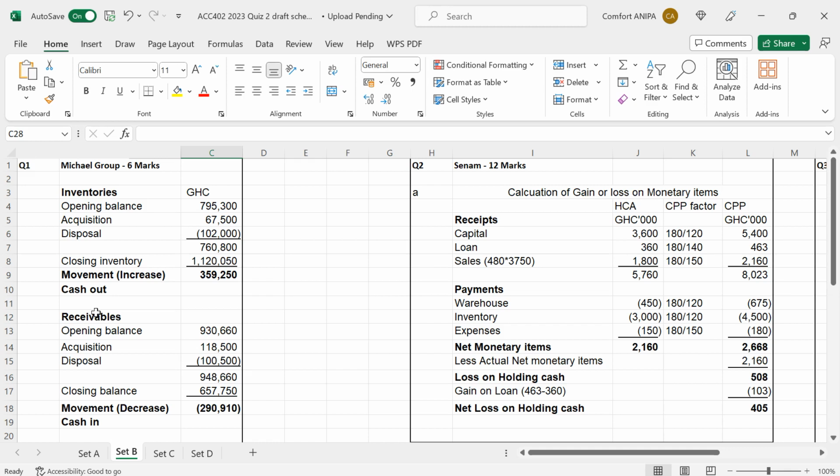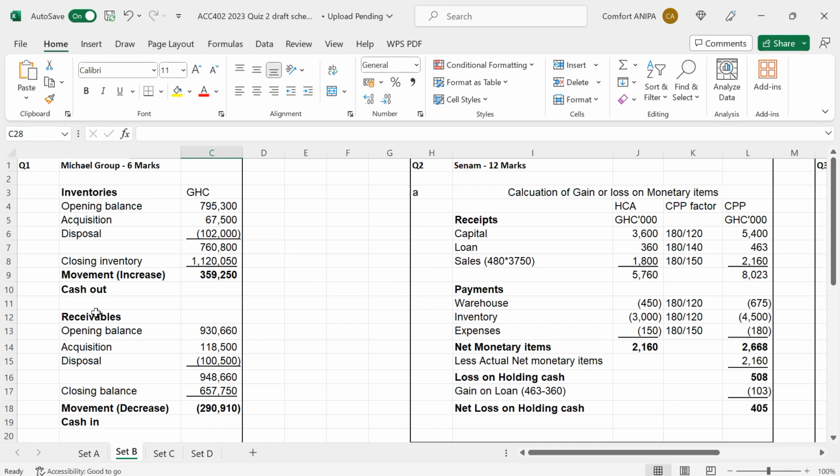The total sales is both cash and credit, but you are looking for cash sales. You are looking for cash sales. So you work with the cash sales here. All right.